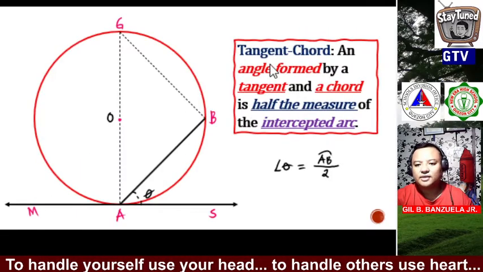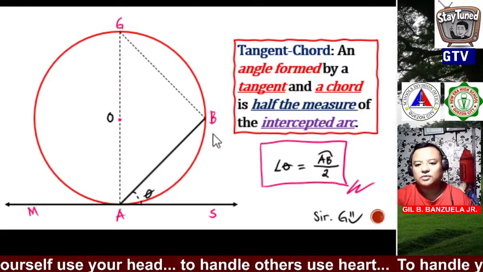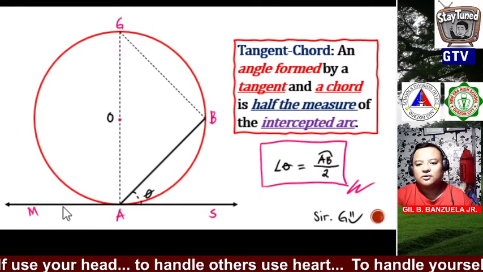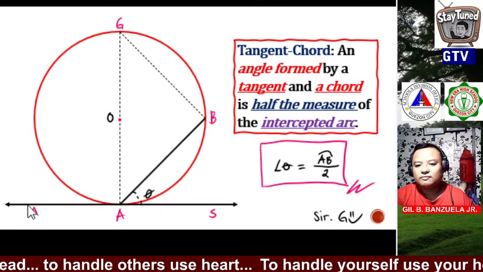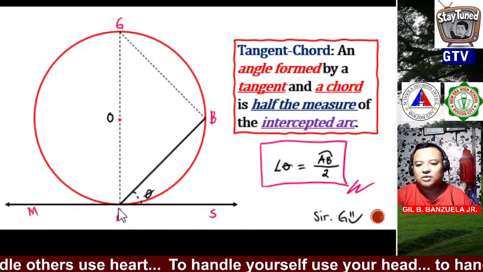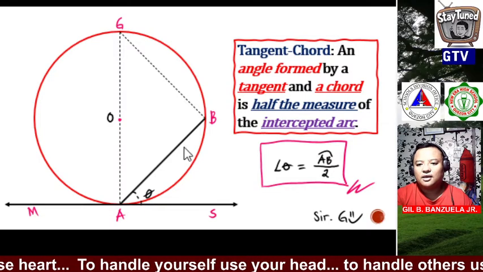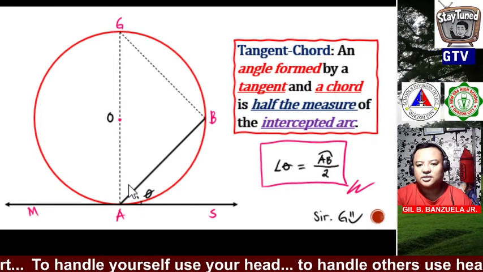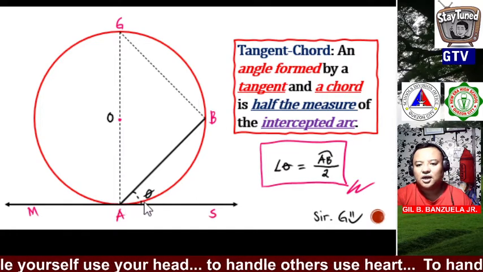Next, we call this the tangent and a chord theorem. It says that the angle formed by a tangent line and a chord is equal to half of the intercepted arc AB. The intercepted arc of angle BAS is arc AB.